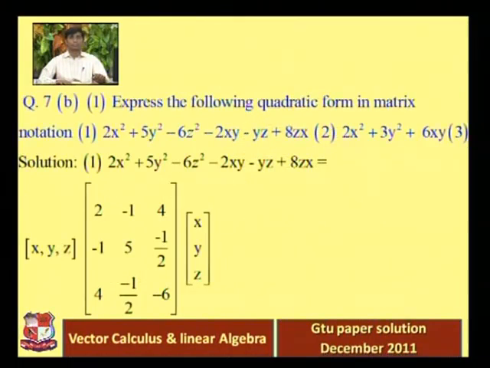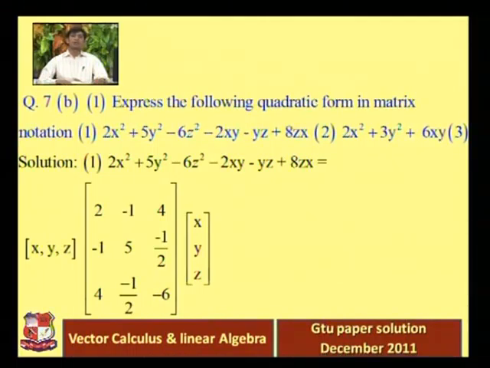Next question, question number 7b, first part. Express the following quadratic form in matrix notation. First is 2x square plus 5y square minus 6z square minus 2xy minus yz plus 8zx. So you can see the first terms are 2x square plus 5y square minus 6z square.